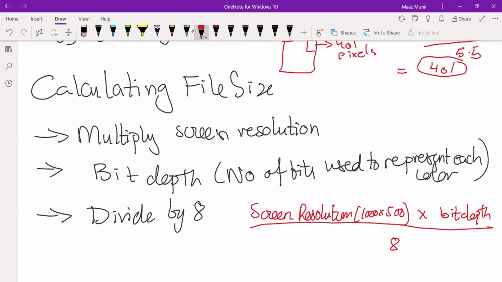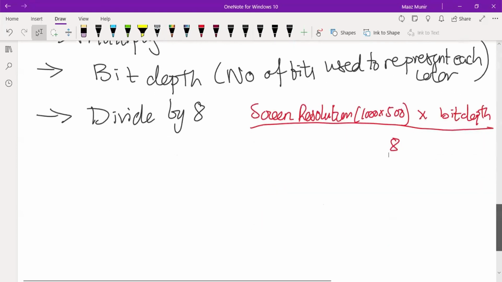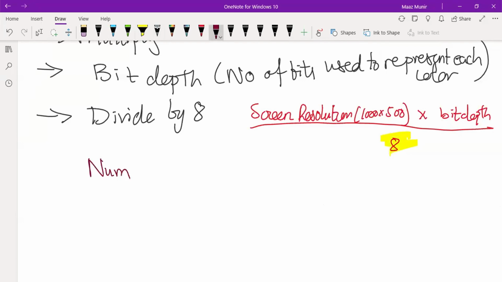But why do we divide this by 8? This is something many people don't know, and they mostly get it wrong. And that's the purpose of these classes, to highlight such stuff which usually people miss out. The reason behind this is that bit depth is in number of bits. Number of bits divided by 8 basically gives us the answer in bytes.